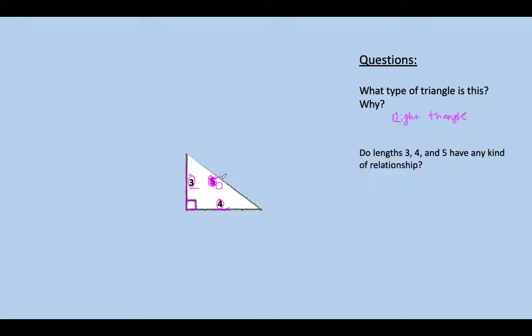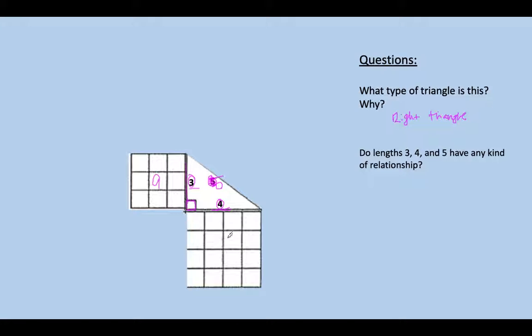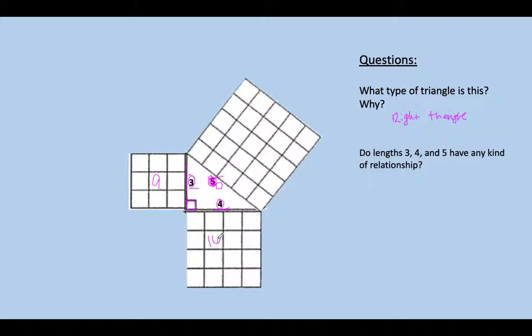However, what if we were to look at the squares of each of the sides? So 3 squared is 9. 4 squared, 16. 5 squared, 25. Now, what about now?